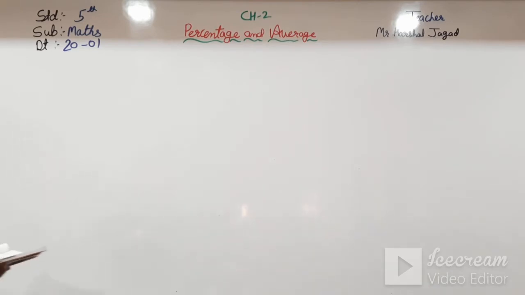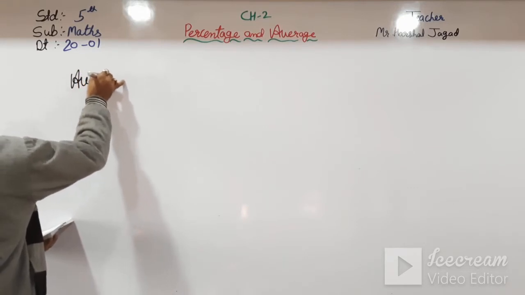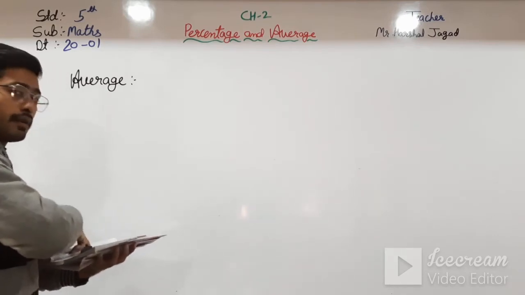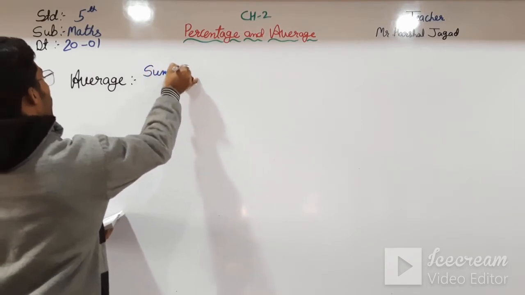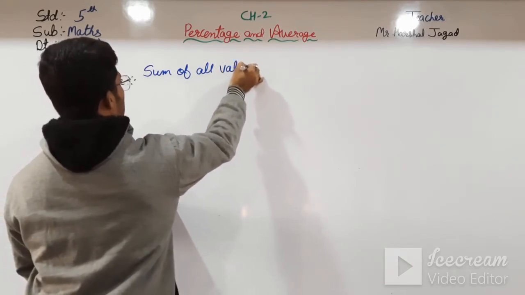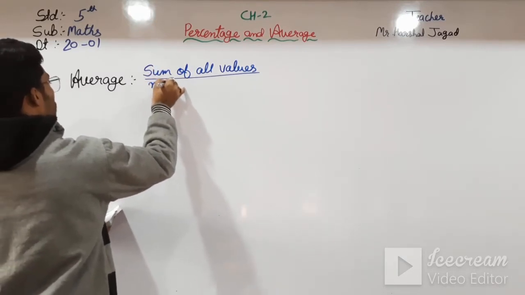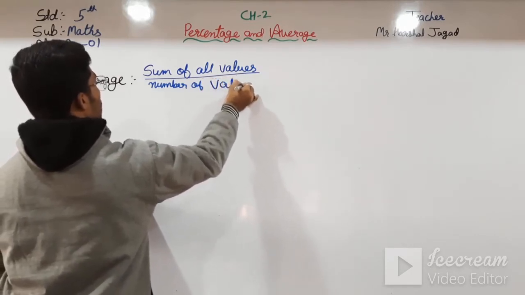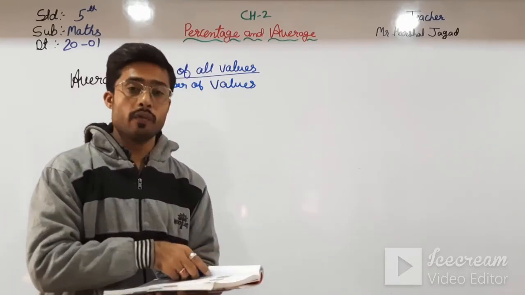So the formula of average is: average equals sum of all values upon the number of values.